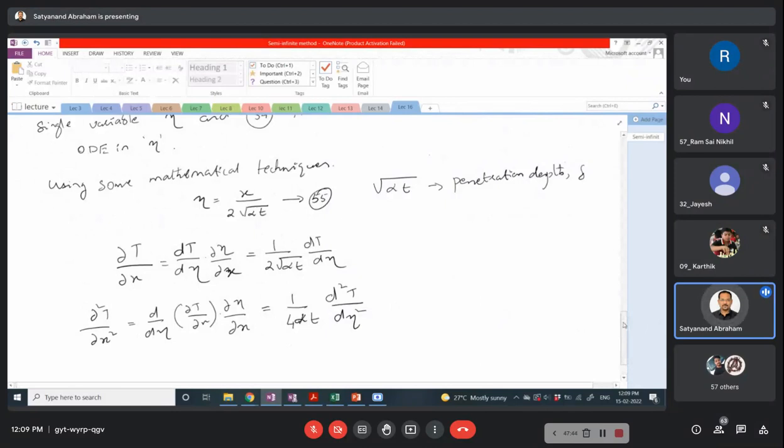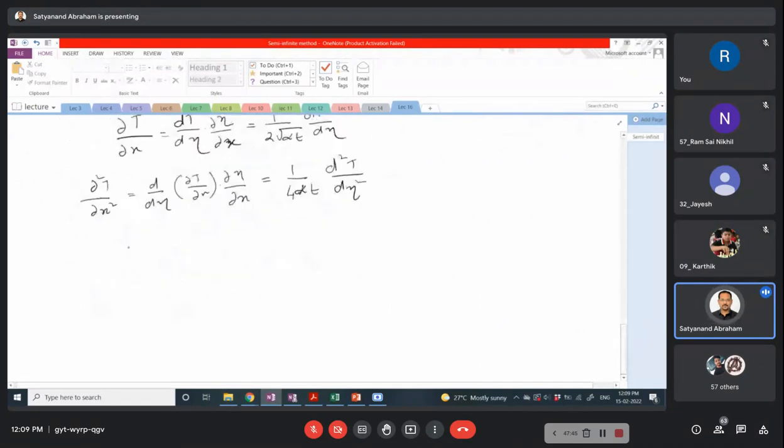Yeah. So again, we need ∂T/∂t, which is equal to dT/dη into ∂η/∂t. What we are getting is −x/(4t√(αt)) into dT/dη.